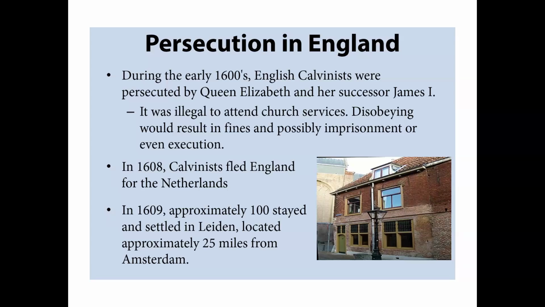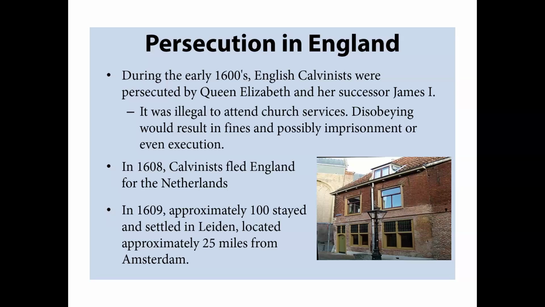They were called English Calvinists, and they largely were persecuted by the royalty of England at that time. They very much were viewed as being more radical, so much so that they were being fined if they tried to attend their own church services, and several of them had been imprisoned in England at this time if they had multiple fines.